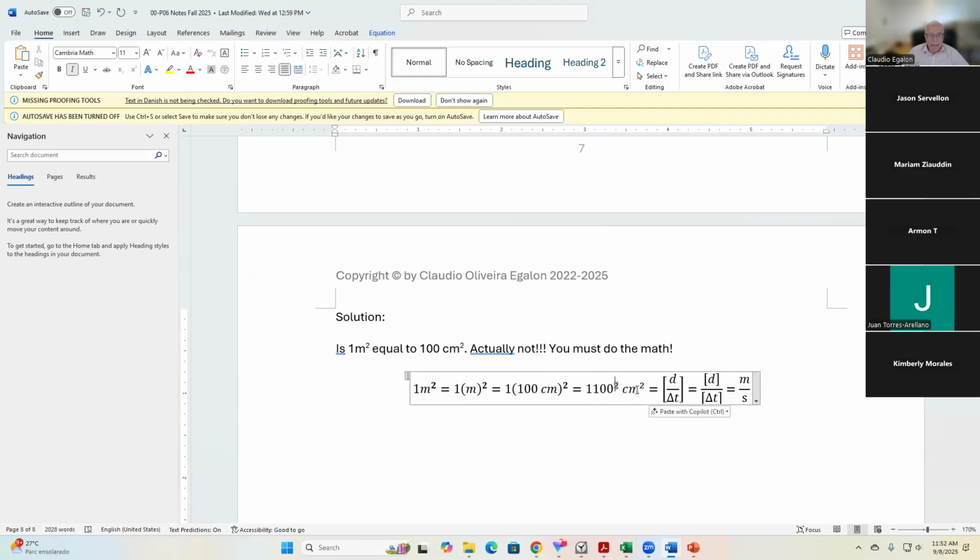And then we end up getting 100 squared times square centimeter. 100 squared is going to be what? 10 to the fourth. Or 10 to the fourth is what? Let's count the zeros here, right? 1, 2, 3, 4. 100 times 100 is 10,000 square centimeters. Like that.